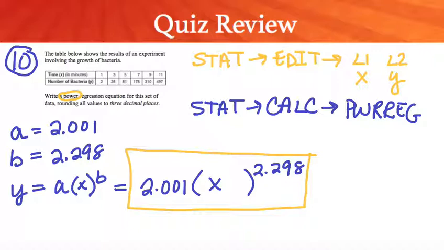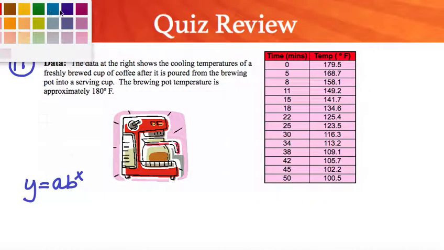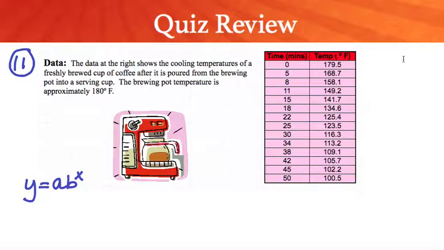Okay, let's try number 11. Okay, number 11 is an exponential, and so here's our y equals ab to the x. Okay, I'm going to put all of these values into stat, so I'm going to go stat and edit again.